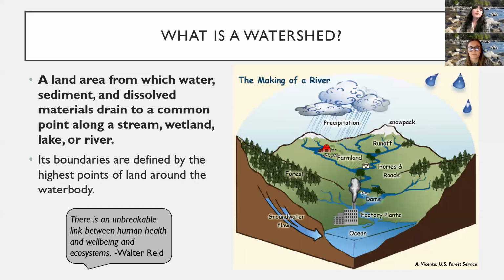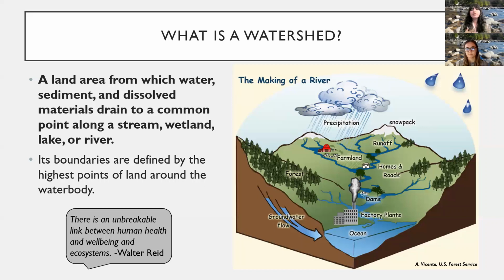The boundaries of a watershed are defined by the highest points of land surrounding that water body, and everything that touches this land, so that includes plants, animals, pollution, any man-made structures or disturbances, all of this impacts that water body.